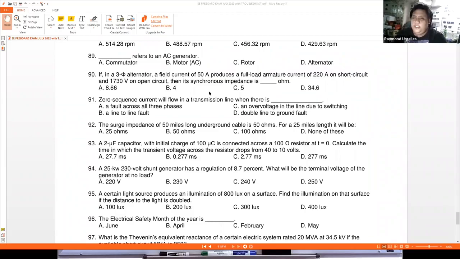Anyway, let's answer number 90. Again, troubleshoot: this should be 200 amperes instead of 220. What you need to remember here is that the synchronous impedance is the open circuit EMF per phase divided by the short circuit current per phase.